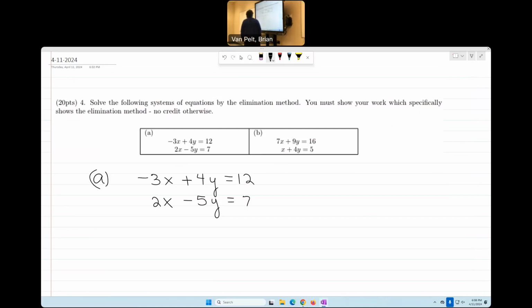Again, elimination means we want to make one of the letters disappear and find the value of the other one.